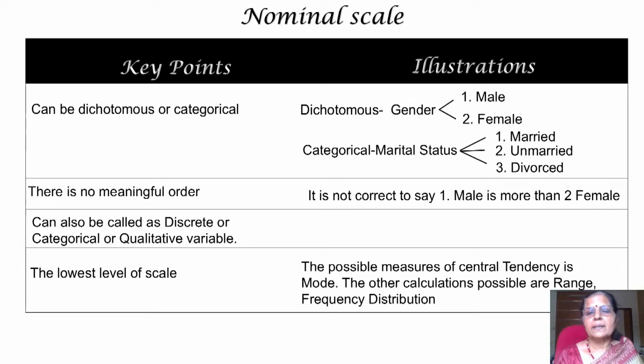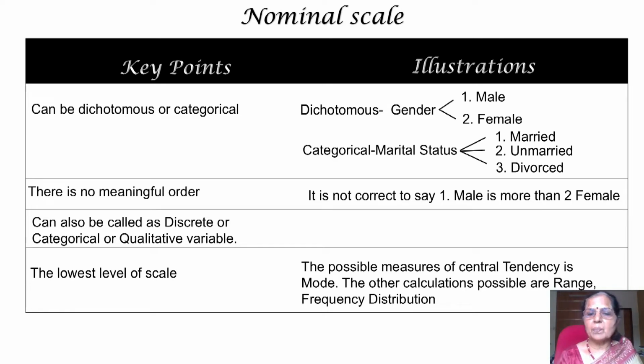On the other hand, the variable salary can be measured in multiple levels. The variables in nominal scale can either be dichotomous, like gender, where it can take up either of the 2 values, namely male or female, or it can be categorical, like marital status, where it can take up 3 or 4 values.